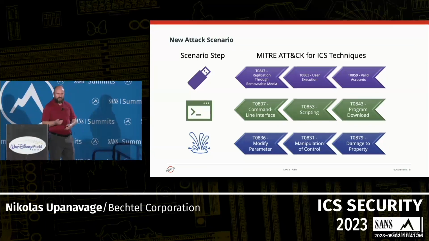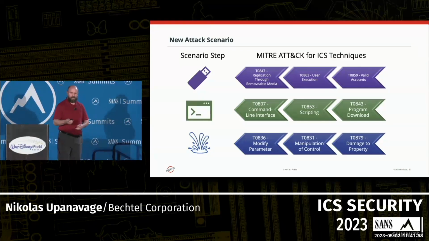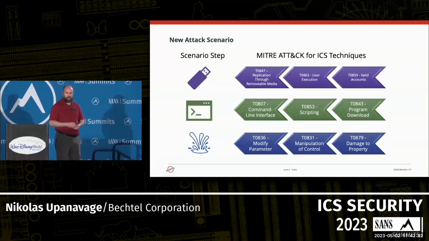So starting off with the USB, this is replication through removable media. In our current version of the demo, someone plugs in and clicks on what they think is a fake hotfix installer for the system.